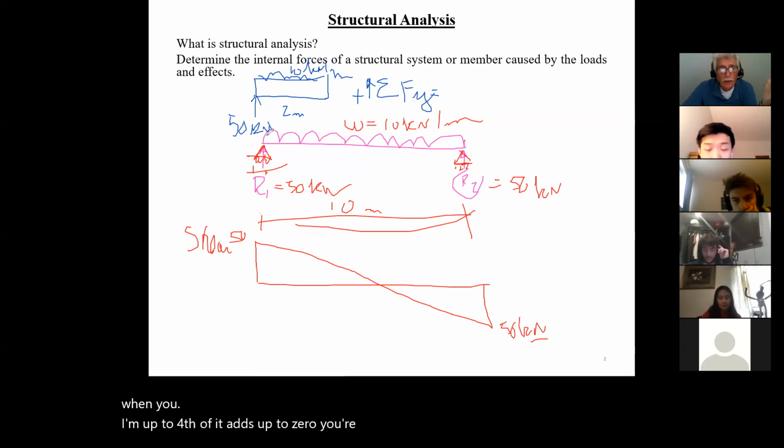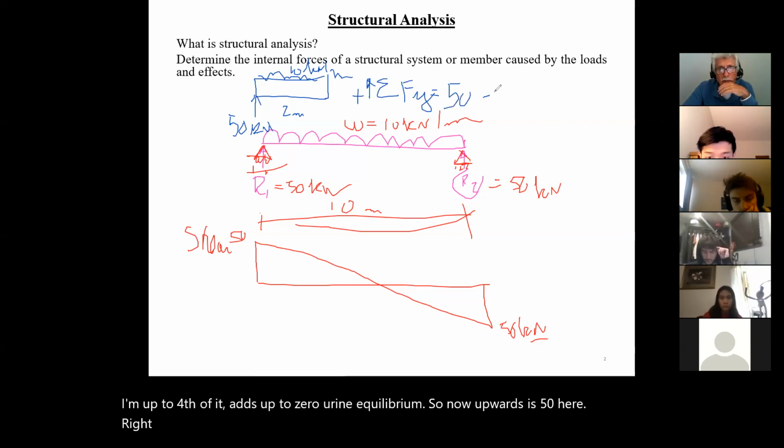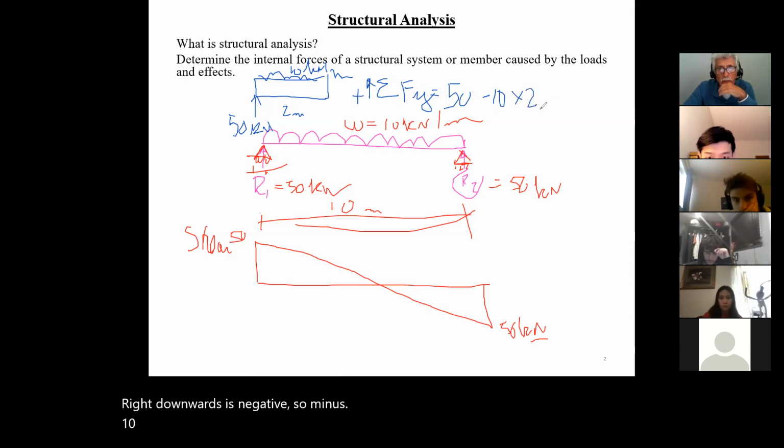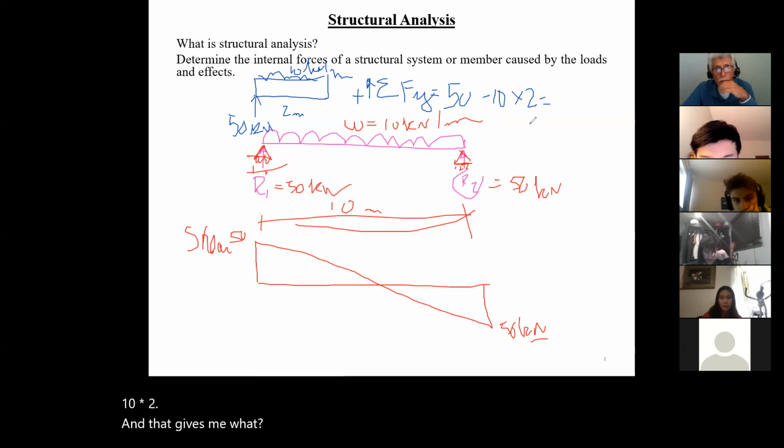So now upwards is 50 here, right? Downwards is negative, so minus 10 times 2. And that gives me what? 30 kilonewtons.